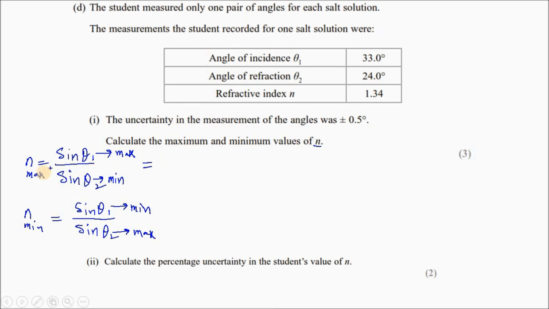So for maximum refractive index, θ1 should be taken as maximum and θ2 should be taken as minimum. So sine of θ1, which is maximum, and θ1 was 33 plus 0.5, so sine of 33.5 divided by sine θ2, which should be minimum, so sine of 24 minus 0.5, so 23.5.